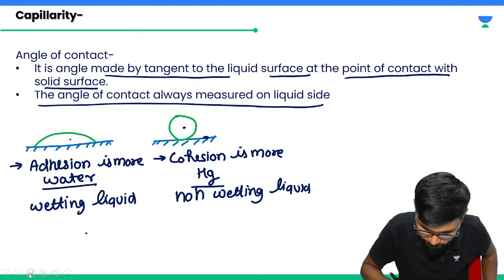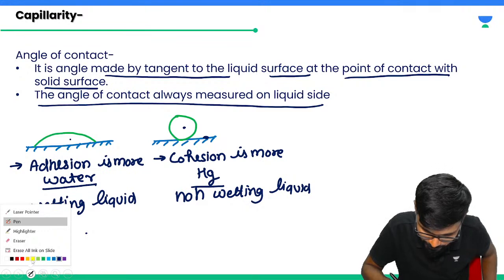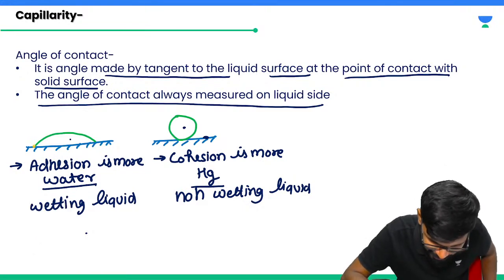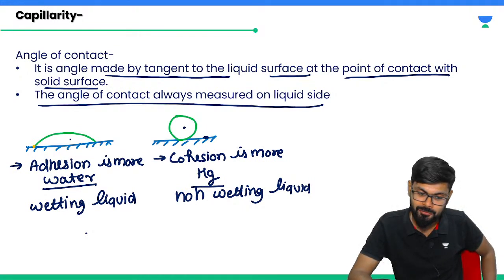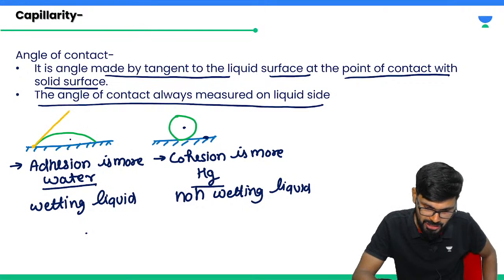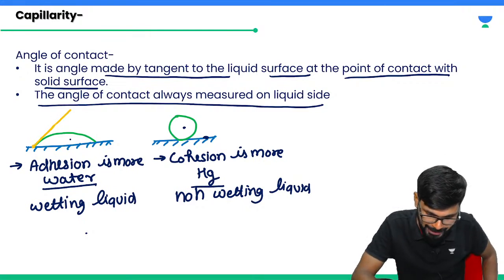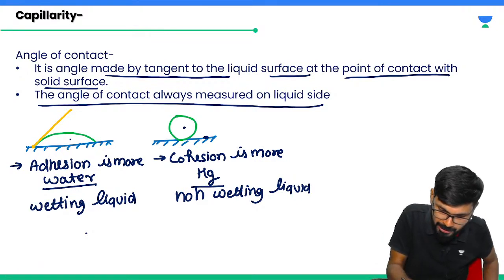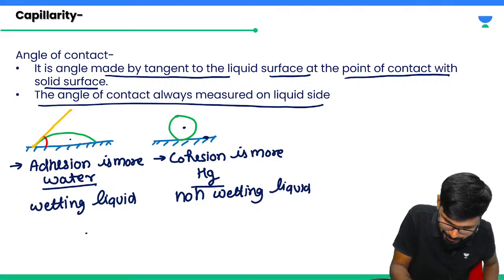Basically, if you want to measure the angle of contact, here at the point of contact, you have to draw one tangent. Clear है? यहाँ पे एक tangent draw करेंगे, right? From the liquid side, anti-clockwise direction में एक angle draw करेंगे, theta.